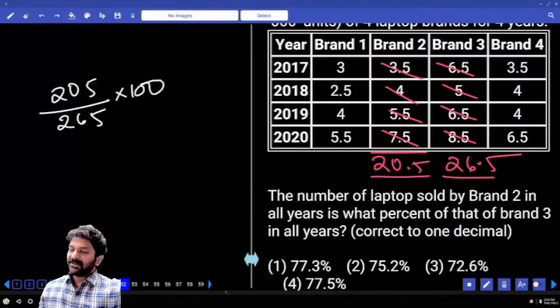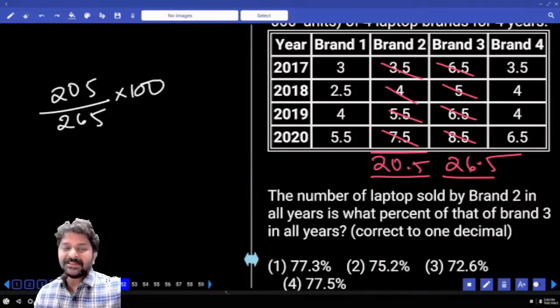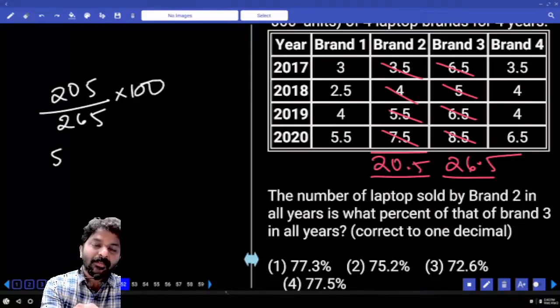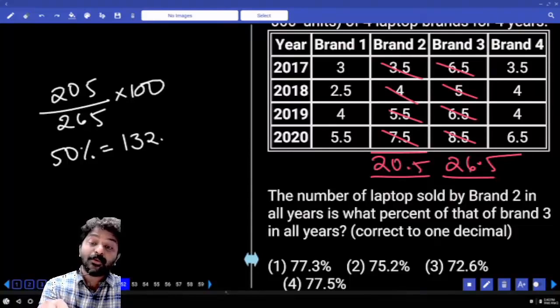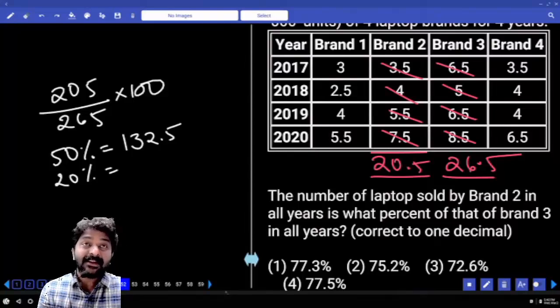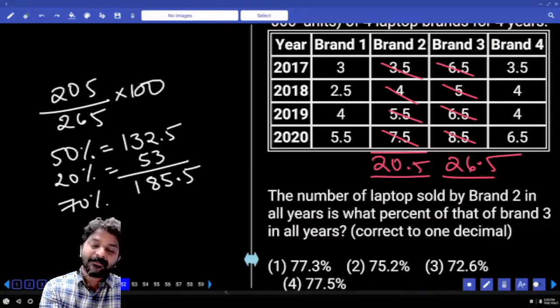Look at your options. Options are very close, right? So let's directly calculate 70 percentage. 50% of the denominator, how much is this? 132.5. 20 percentage: 10% and double. 26.5 double, 53. So it is 185.5, the 70% value, right?